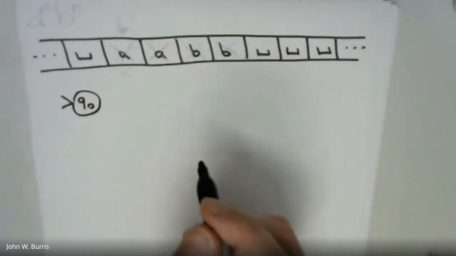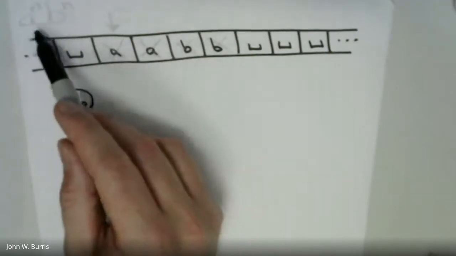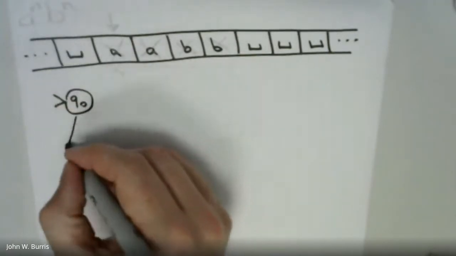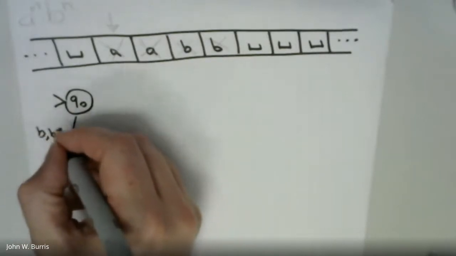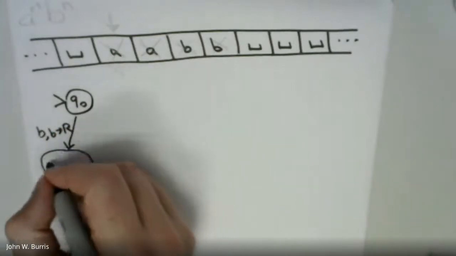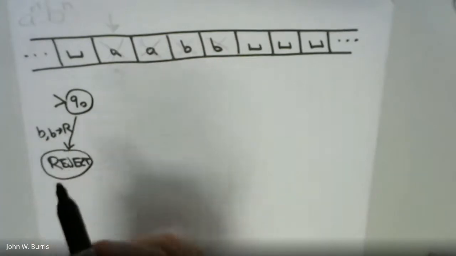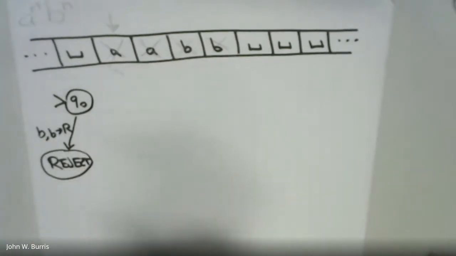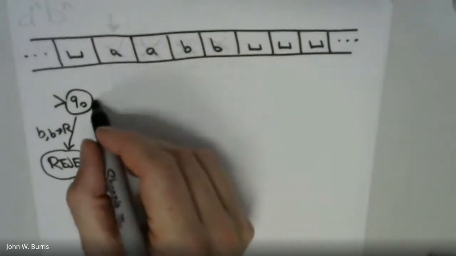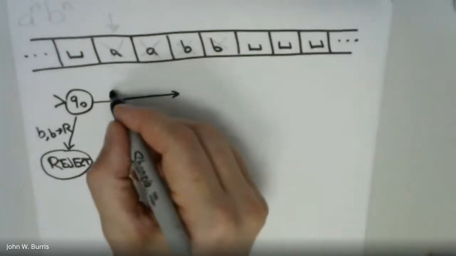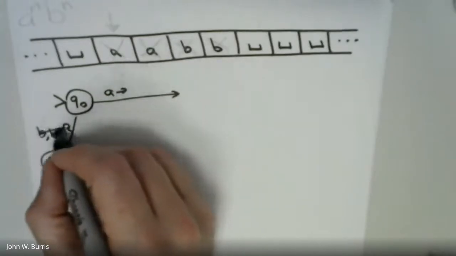And there's two things that we can read from this initial state. We're going to start right here. If we're checking for the language A to the N, B to the N, if we read in a B, then we can read a B, write a B, move right, whatever, because we are going to reject the string if it starts with a B, because A to the N, B to the N, no string can start with a B. But when we start, if there's an A, what we can do is, I'm sorry, I miswrote this.